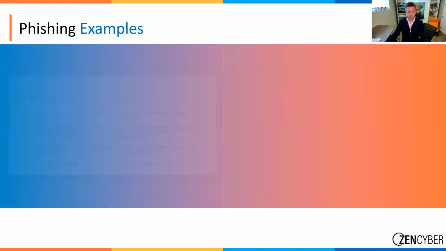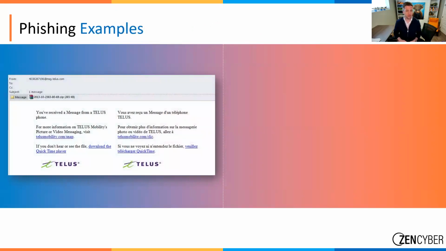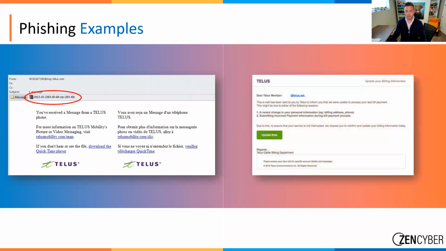Now, a couple of quick phishing examples, and some of these are older ones. I'll pull up some live ones afterwards as well. But we get messages like this from time to time. I mean, not quite as much now, but we'll see something that says we have a voicemail. There's a zip file attachment on here. We really have to question, why would it be in a zip instead of a WAV file?